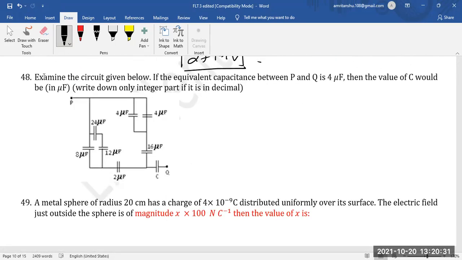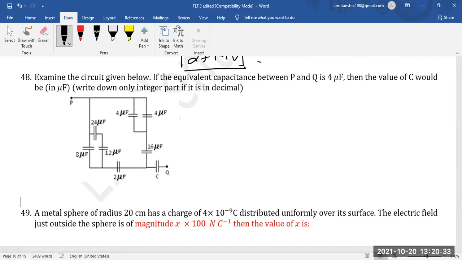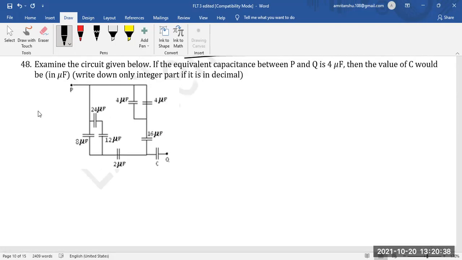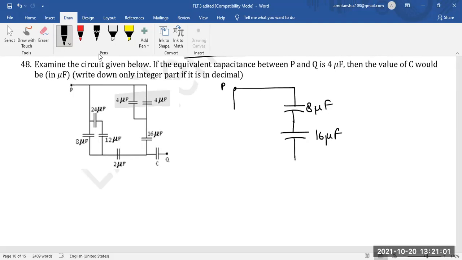Moving on to question number 48. If I take these two capacitors, I'll just go step by step from P. Because they are in parallel, they will add. So this will be 8 microfarad, and here we have 16 microfarad, and then this is 24 and 12.